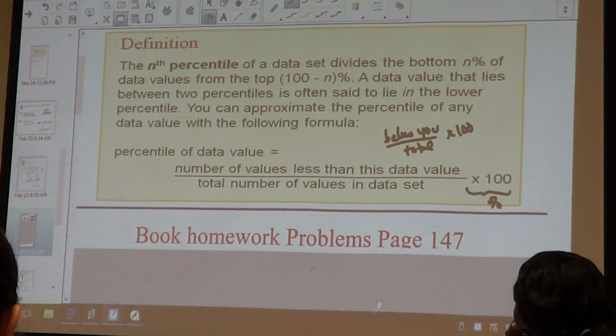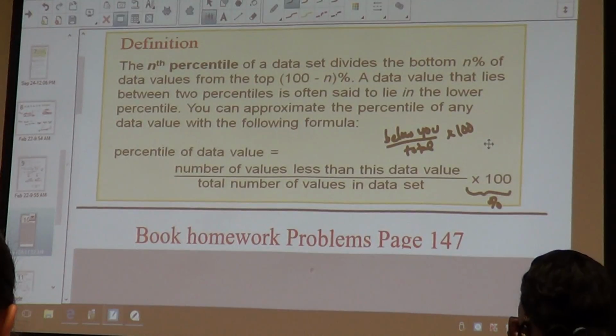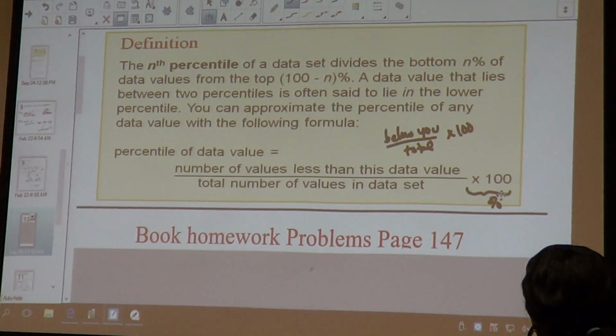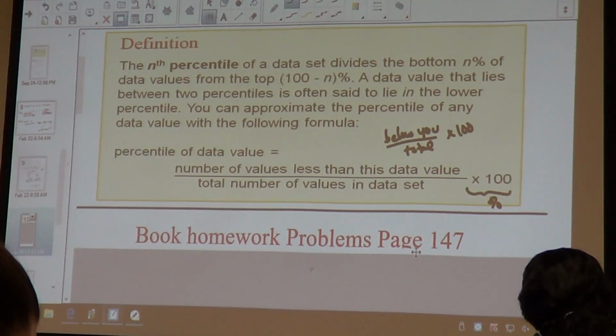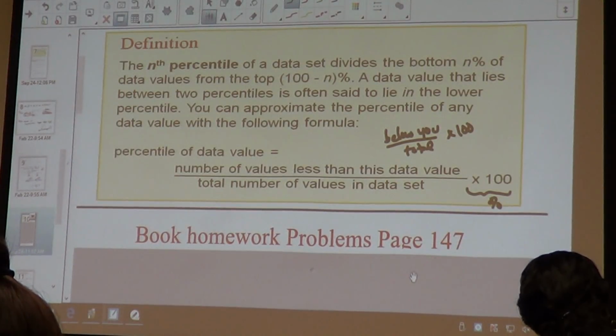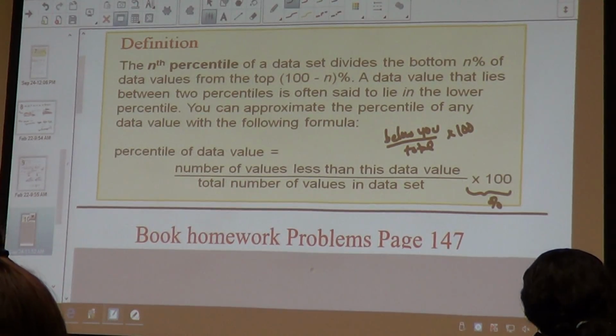When you do percentile, you really want to know who's below you over the total times 100, because percentile has to do with percent, and percent is like that whoop whoop, and the whoop whoop is the times 100. So who is below you over the total times 100? That is going to equal your percentile.